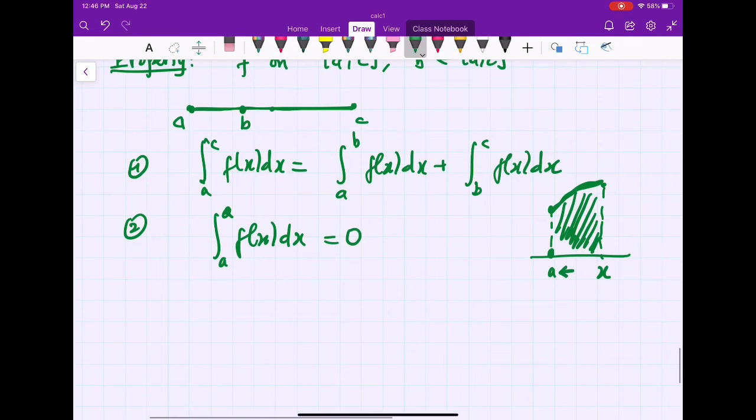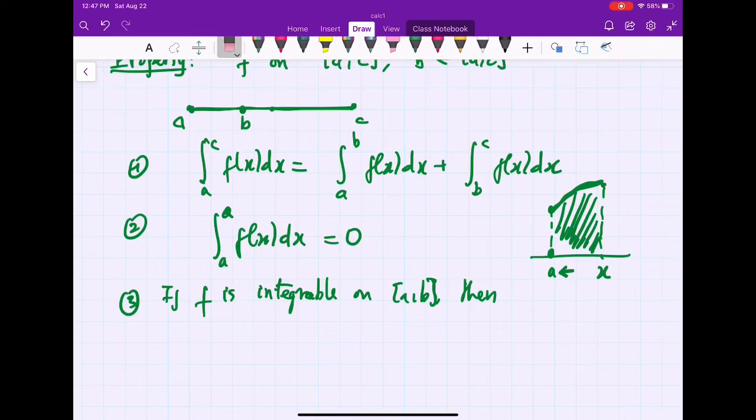All right. The third property. If f is integrable on A and B, then the integral from A to B of f of x dx equals negative the integral from B to A of f of x dx.